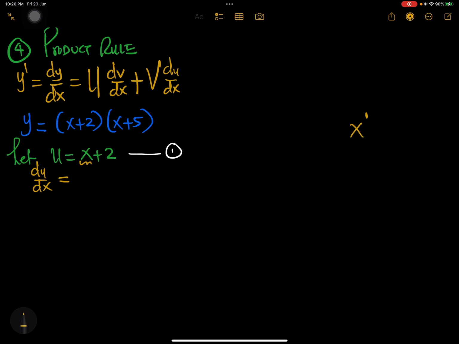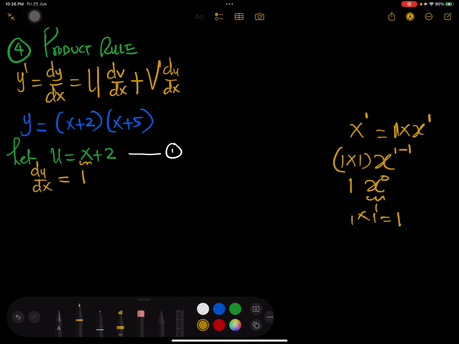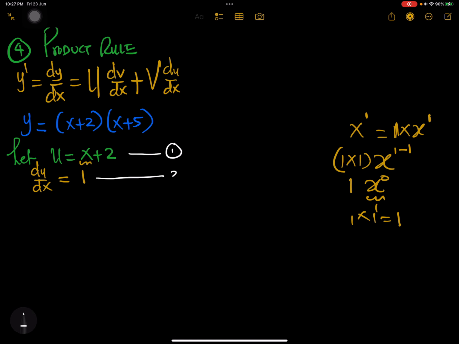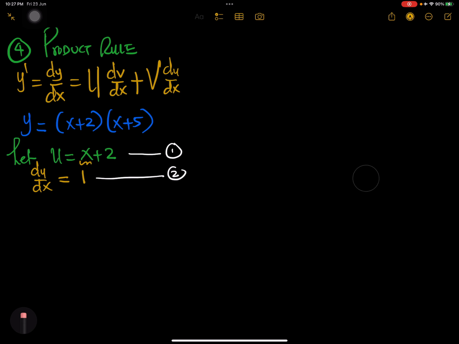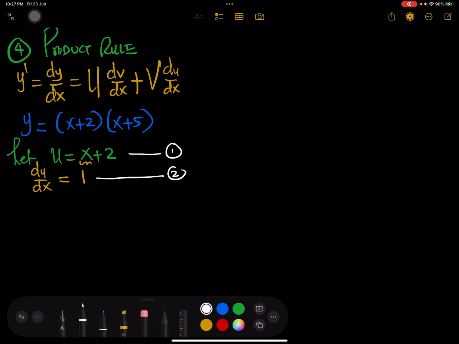If you differentiate, it's 1 times 1 times x to the power 1 minus 1, which gives 1 times x to the power 0, and this is 1. So 1 times 1 is 1. That's why du/dx gives us 1. The moment we do that, that becomes our equation 2. I hope you can see that.